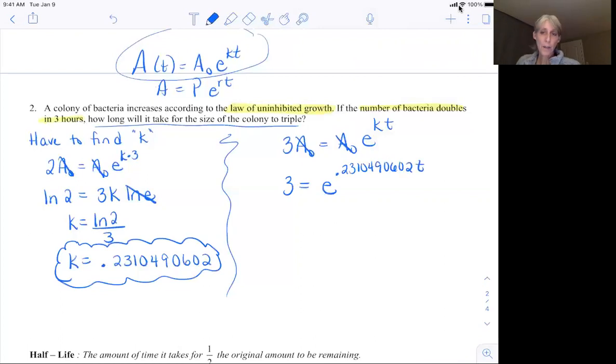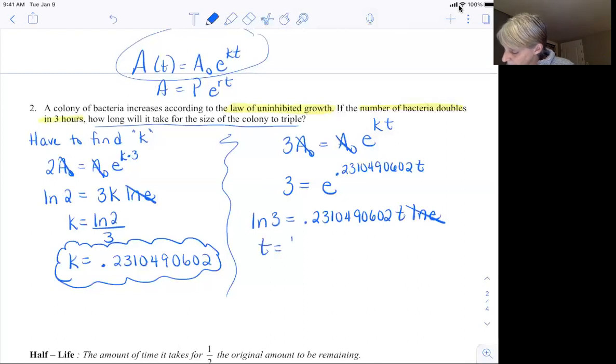And this is the equation I'm actually solving now. How long is it going to take for this to triple? I'm not writing it all the way down, but I'm going to use it.